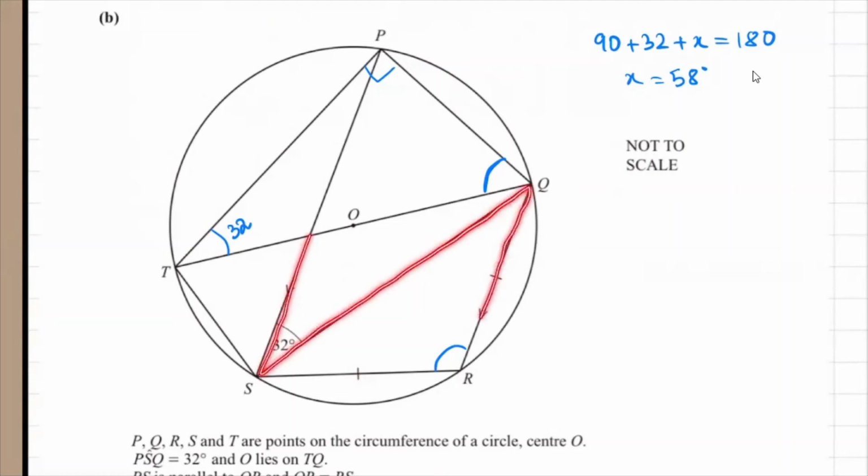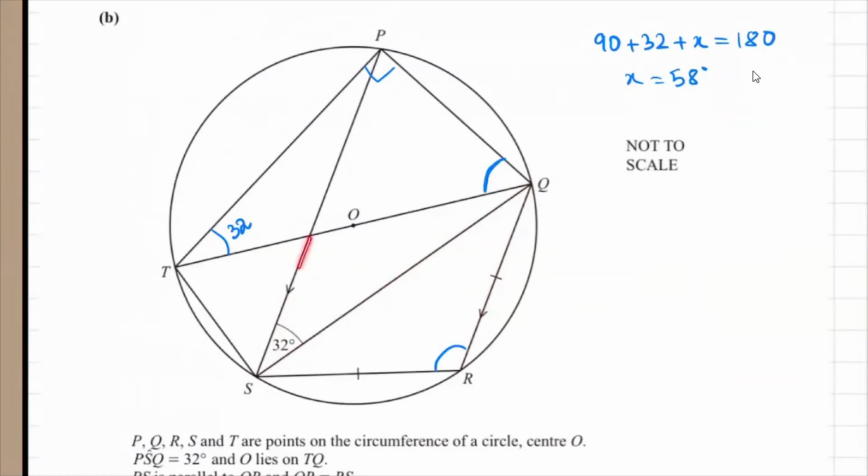Whenever a question has parallel lines, it should automatically click to you that there can be either interior angles or corresponding angles or alternate angles, because parallel lines have a lot of possibilities of any of these.